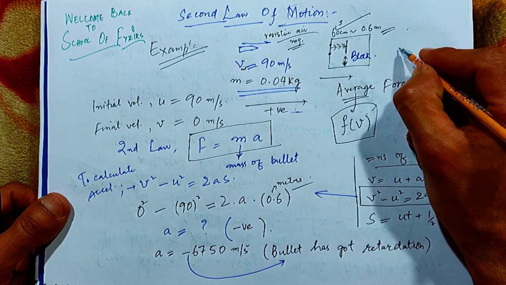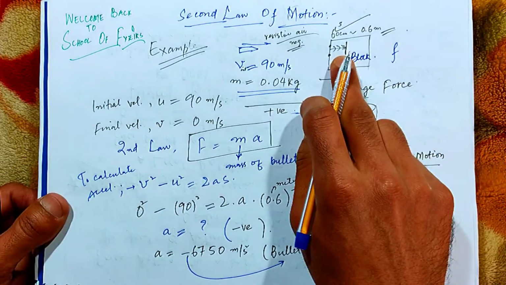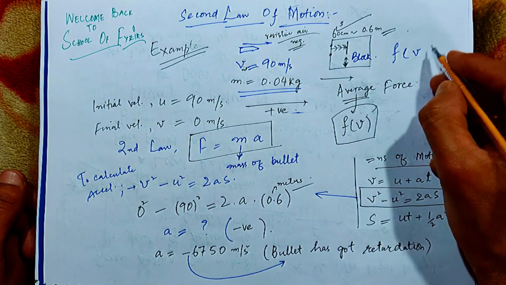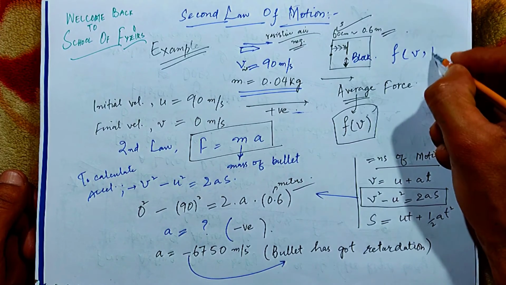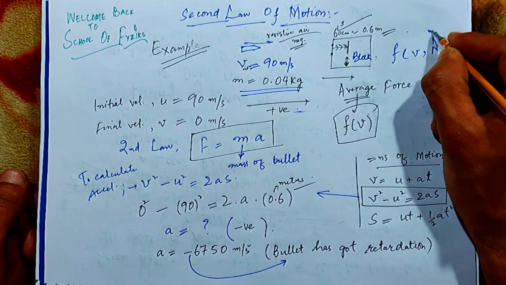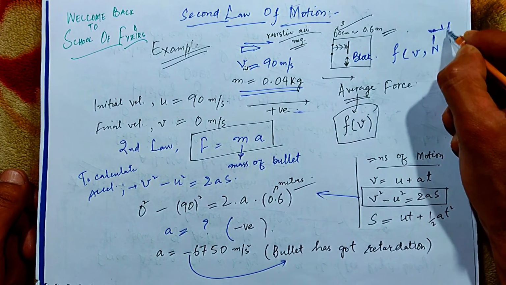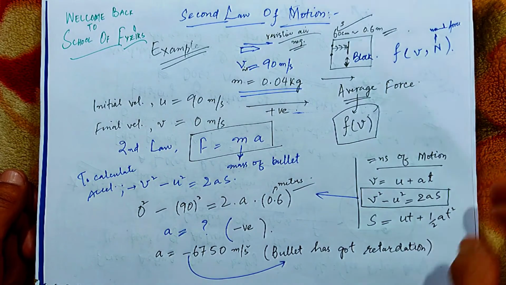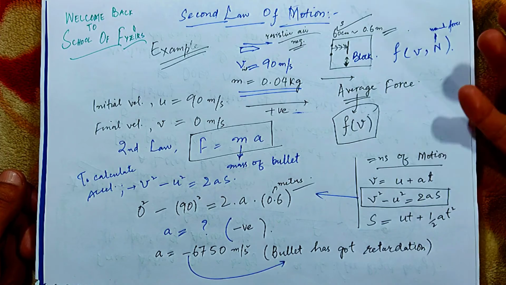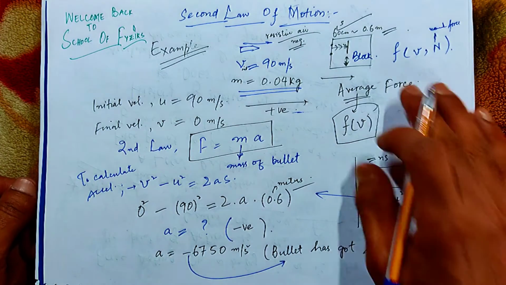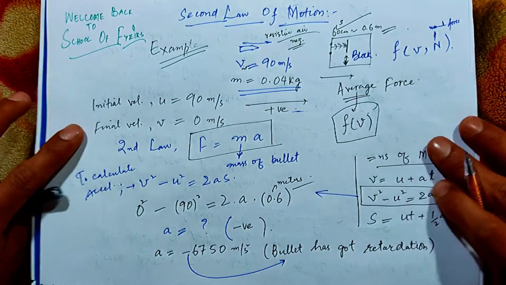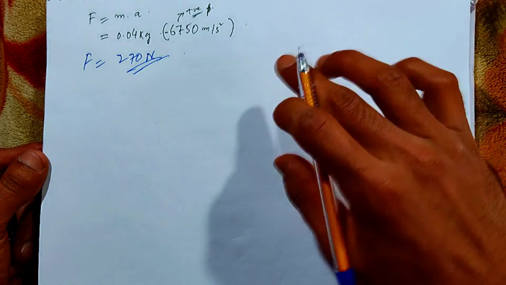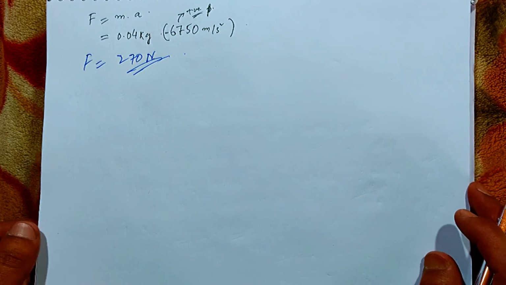Otherwise, the frictional force caused by this block is a function of velocity and also a function of the normal force, dependent upon these two conditions in that specific problem. But here we are calculating the average force, so there is no need to state these kinds of resistances or other stuff like that.